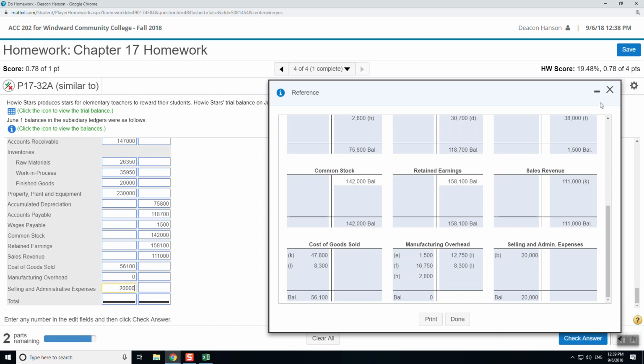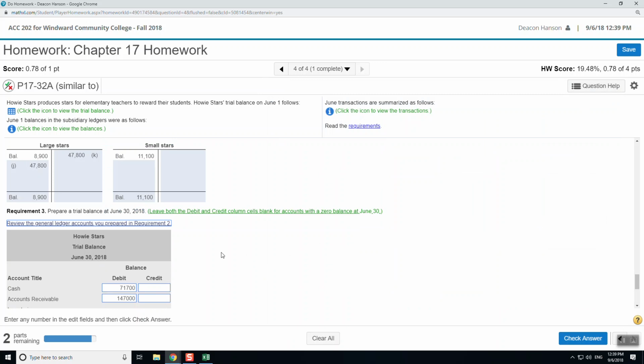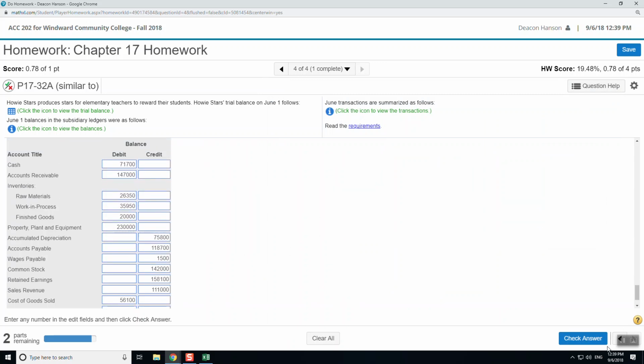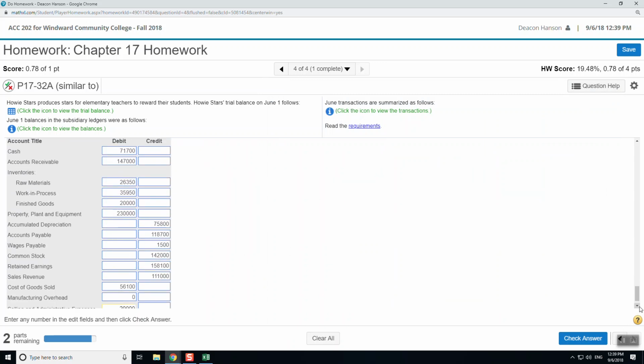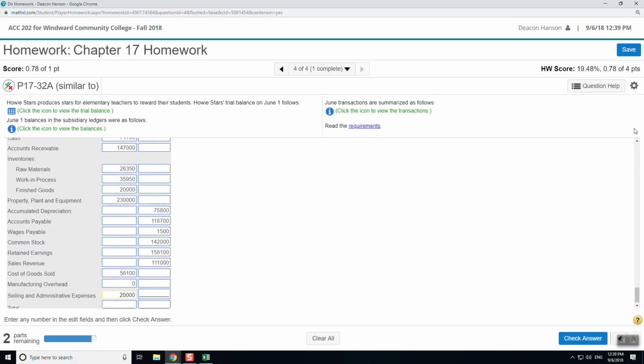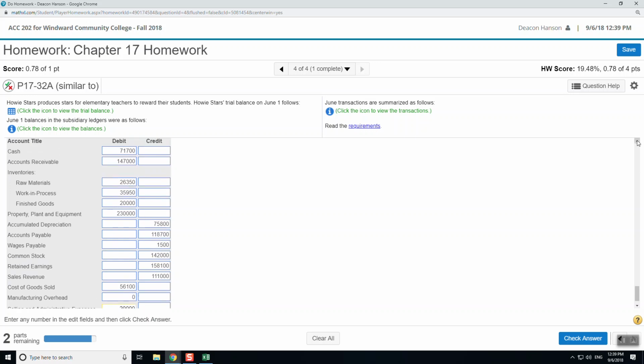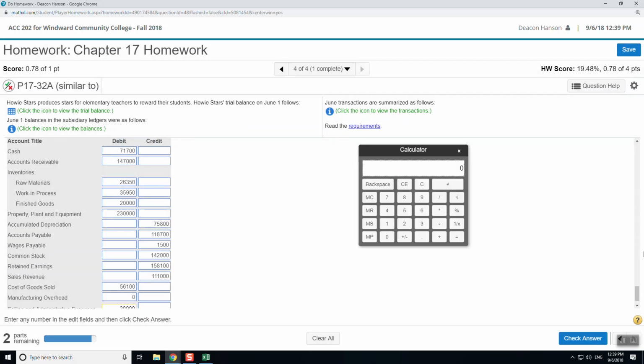And then we get the test here, to make sure we're in balance. Okay, it's not going to let me look at that. That's 20,000 at the bottom. Okay, let me add up the debits.